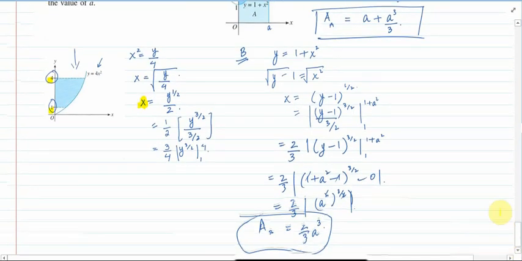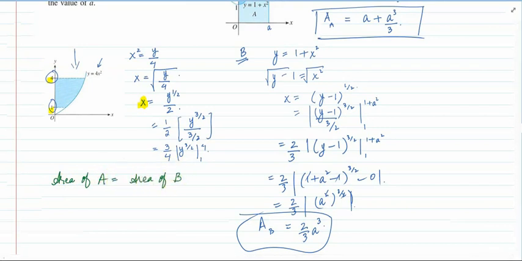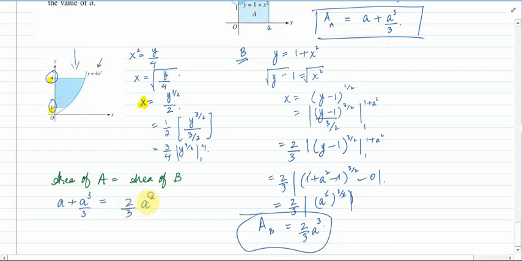Alright, so according to condition, area of A is equal to area of B. Area of A is a plus a cube upon 3 is equal to area of B, which is 2 over 3 a square.